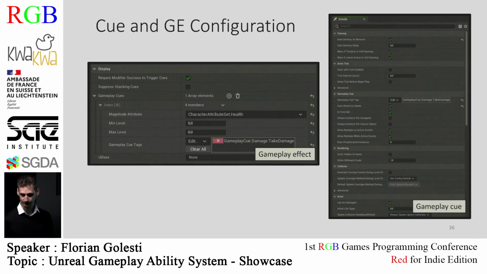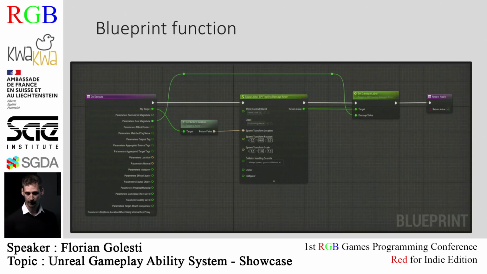On this gameplay cue, I can now override the OnExecute function, and you can see that I just spawn another actor. The actor is the billboard that will show you the damage. So when you get a hit effect, it just pops out a damage billboard to show you how much damage you take or you made.